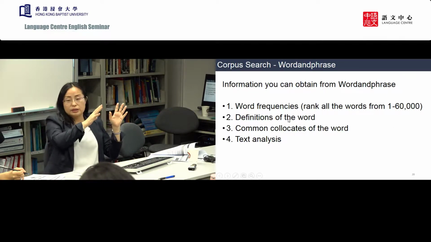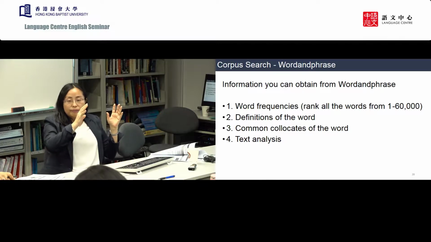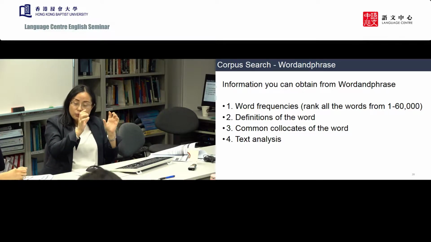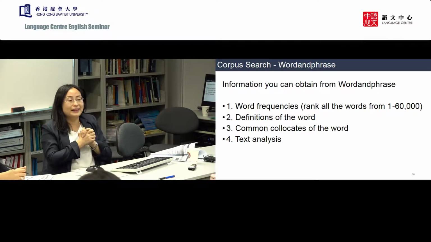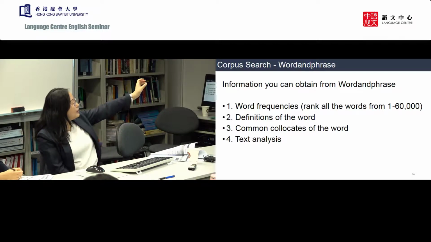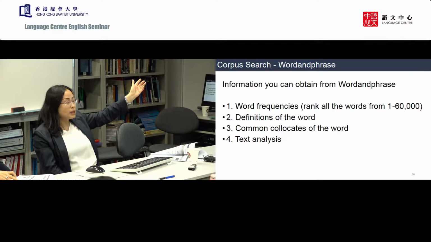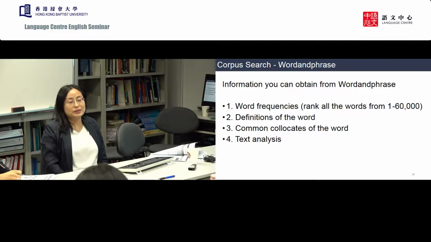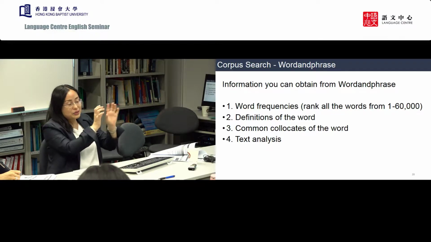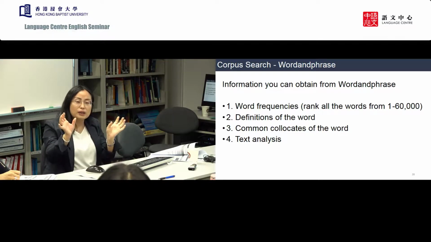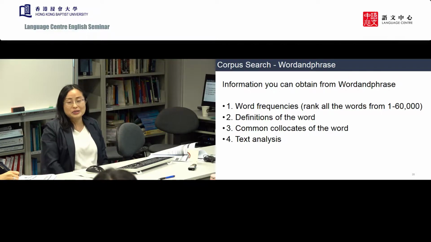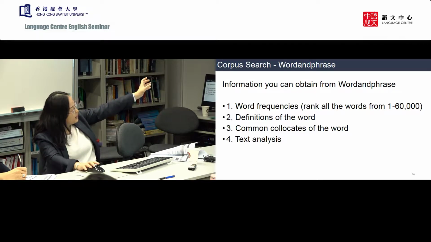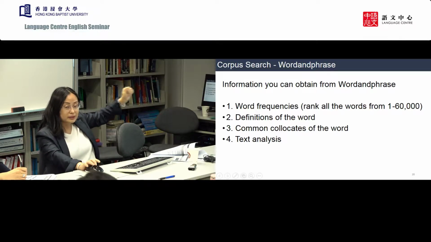The uniqueness of this website is that it also provides a definition for each word you search, like a dictionary. And the most wonderful thing is that it will automatically extract common collocates for each keyword you search. You don't need to summarize by yourself; you can generate a list of common collocates for each keyword. That's why I think this is a very useful website. Text analysis is also very useful, and I'll show you later. I will show you one by one.